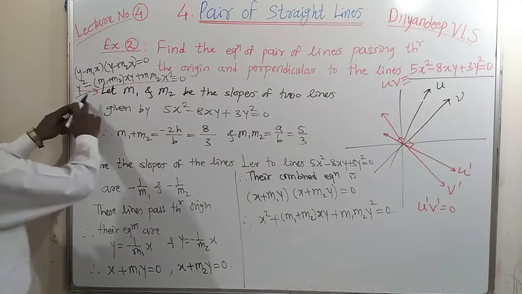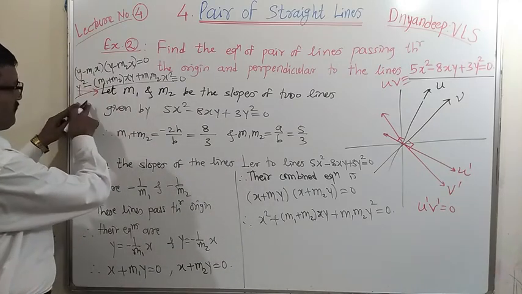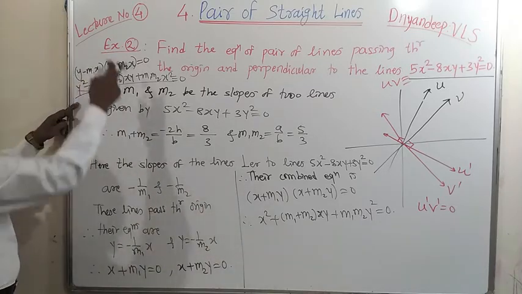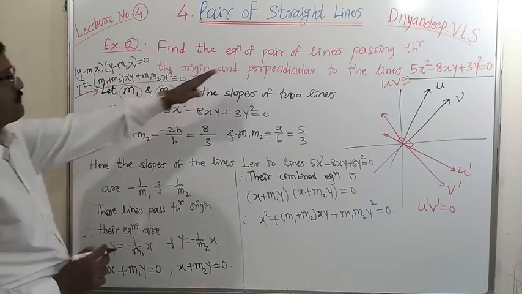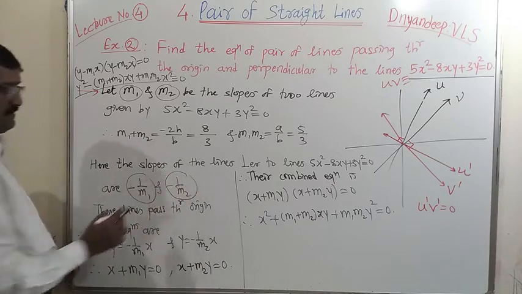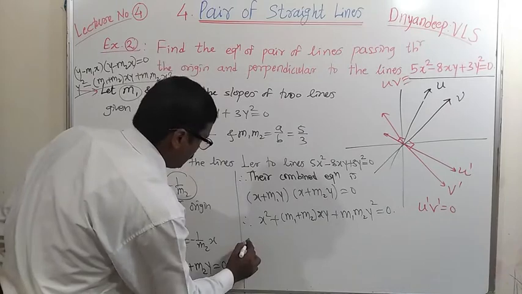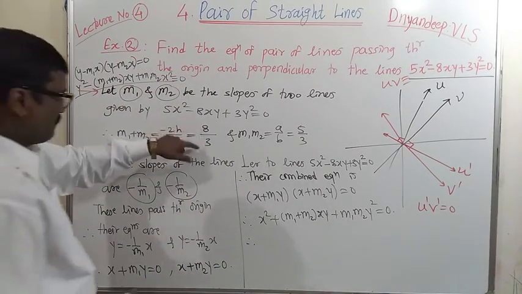Okay, so if you are able to write the combined equation of the pair of lines which are perpendicular to the given two lines having slopes M1 and M2. These M1 and M2 are the slopes of the given two lines, and minus 1 upon M1 and minus 1 upon M2 are slopes of the perpendicular lines. So we get this. Now at this stage we can use the same values of M1 plus M2 here. That will be 8 by 3.